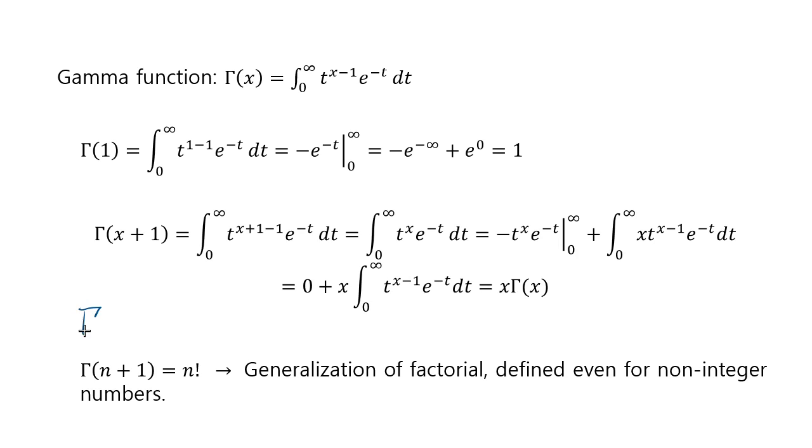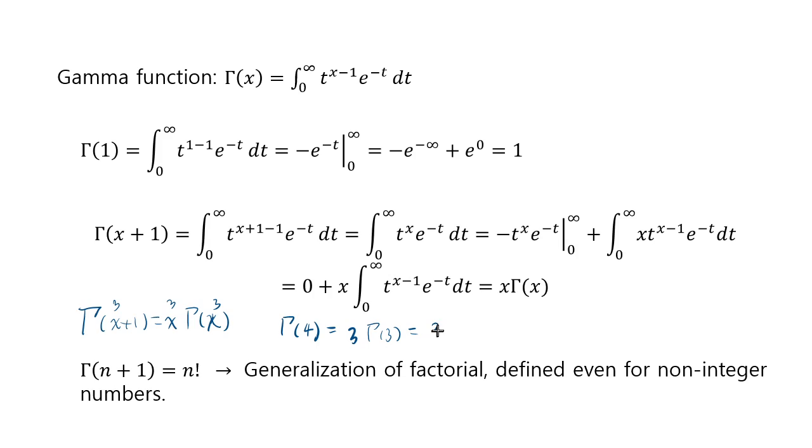If I say gamma of x plus 1 is equal to x times gamma of x, then if I have, say, gamma of 4, I can apply this formula over and over again. So gamma of 4, with 3 being x, because 3 plus 1 is 4, is 3 times gamma of 3.